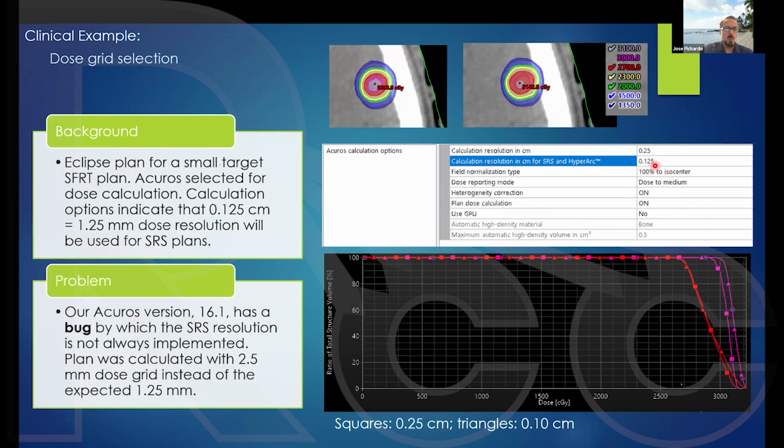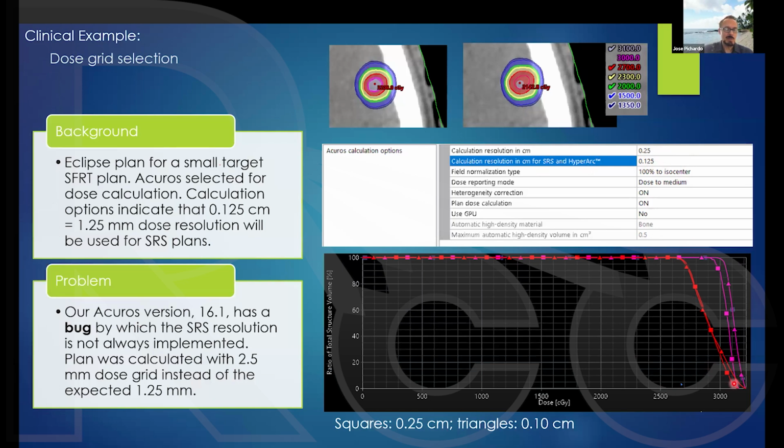Okay, so that would be 2.5 millimeters, 1.25 millimeters. Now, if my beams are SRS beams, my expectation is that it's going to use 1.25 millimeters for the dose grid. But because of the bug, it doesn't always. So here I had a case where I thought I was getting a 1.25 millimeter dose grid, but it actually used a 2.5 millimeter dose grid. And you can see in the DVH, it makes a difference with your GTV coverage.